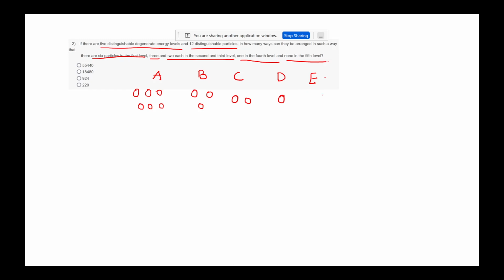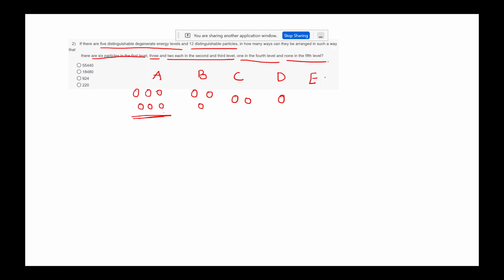Now these energy levels are distinguishable, right? For this, how will you do it? 12C6. Why? Because there are 12 particles, out of which we need to select 6 particles for the first level. There is no constraint, so we can directly select 6 particles out of those 12.